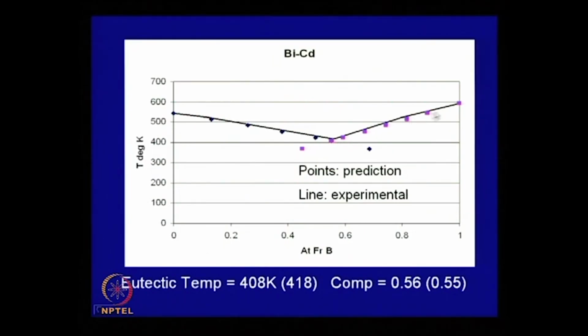On this we have superimposed the experimental or actual values from handbooks, and you find you are not very far off. So by using a thermodynamic model, it is possible to calculate a phase diagram, and in a binary system it is easy. Later on, as we proceed, we will find this is applicable in general. It can be used even in ternary and quaternary systems as well.